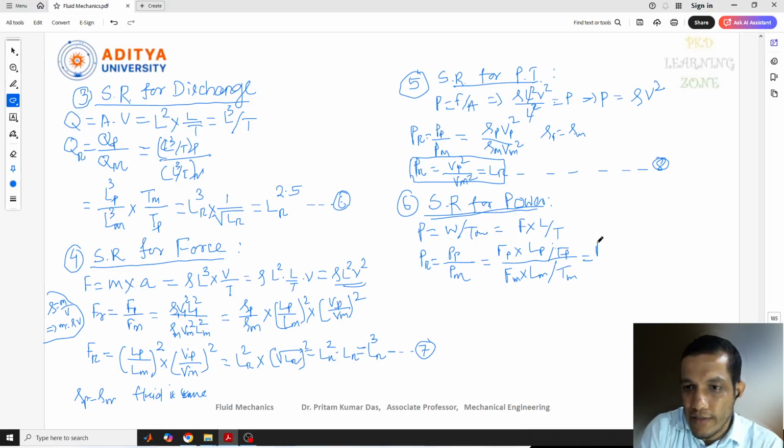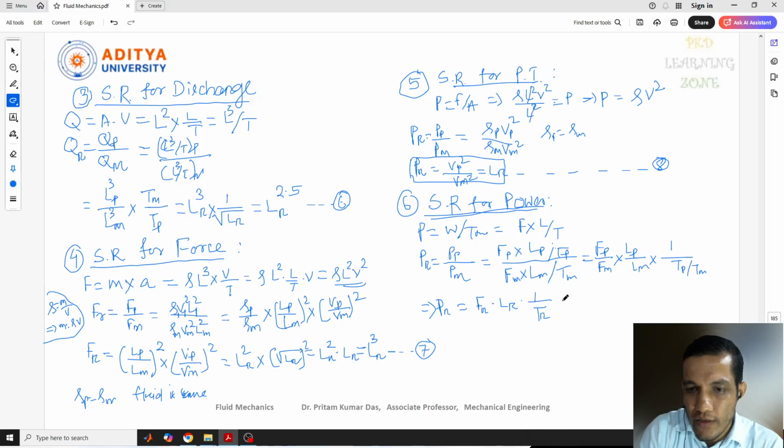Similarly we can write FP by FM, again LP by LM, and 1 by TP by TM. Finally we can write PR equals FP by FM, that is FR, the force ratio, into LR, the length ratio, and 1 by TR, the time ratio. So these are the things.